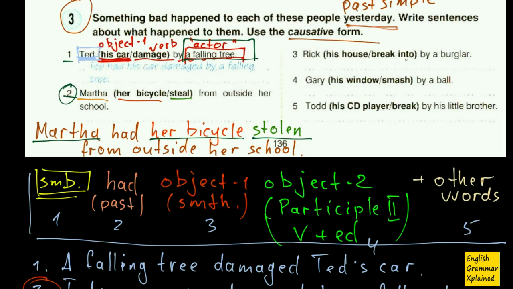Well, let's try the third. Rick, and then in brackets, his house, break into, by a burglar. So, same thing here. Rick is my subject. Then I put had, just because it's past.